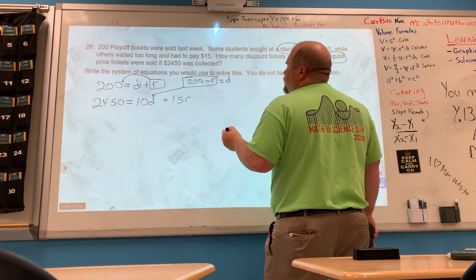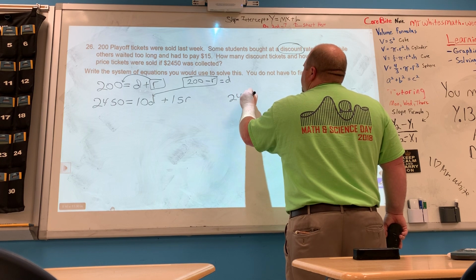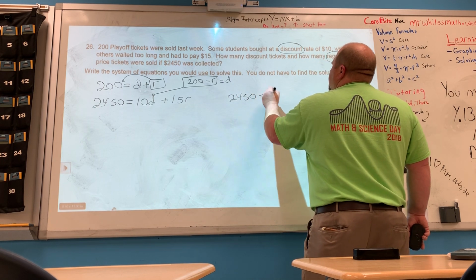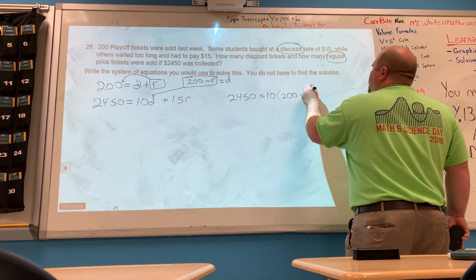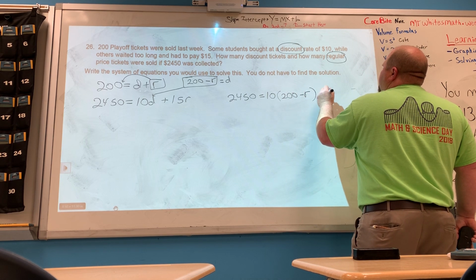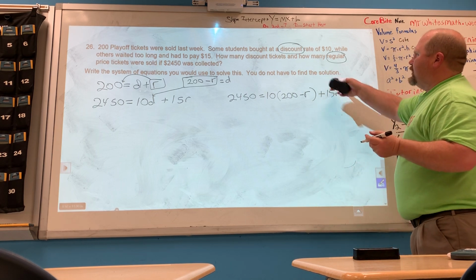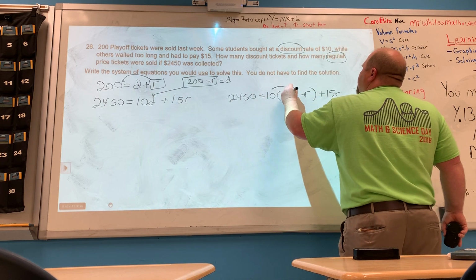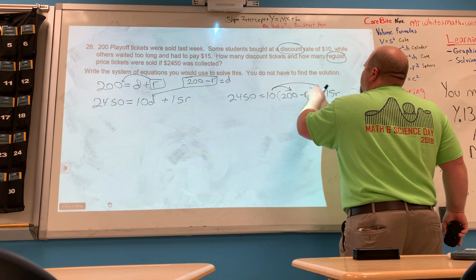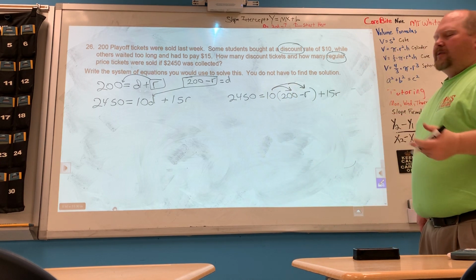So it would then say 2450 equals 10 times 200 minus R, plus 15R. I won't take that any further because all you had to do was find the two equations. But this is how it would be solved. And from there, you could go ahead and solve it.